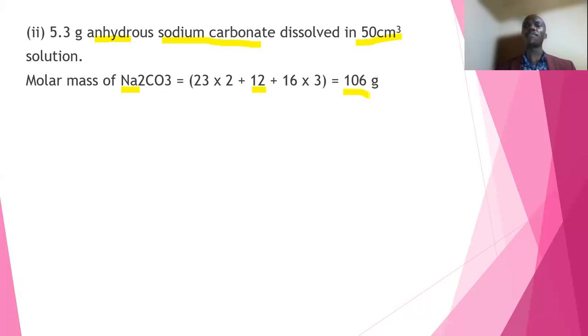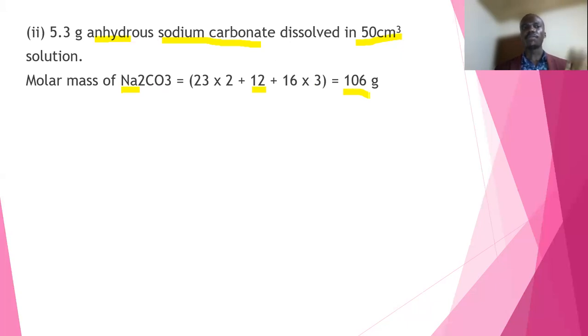So from there, we have now the molar mass. Now, what can we do? We calculate the moles. Why? Because to get the molarity, we said that molarity is moles times 1,000 divided by the volume of the solution.